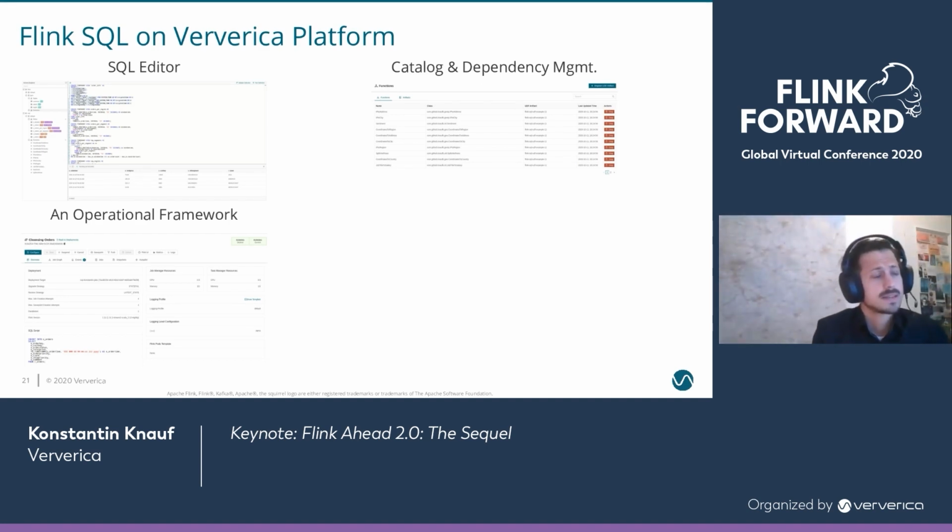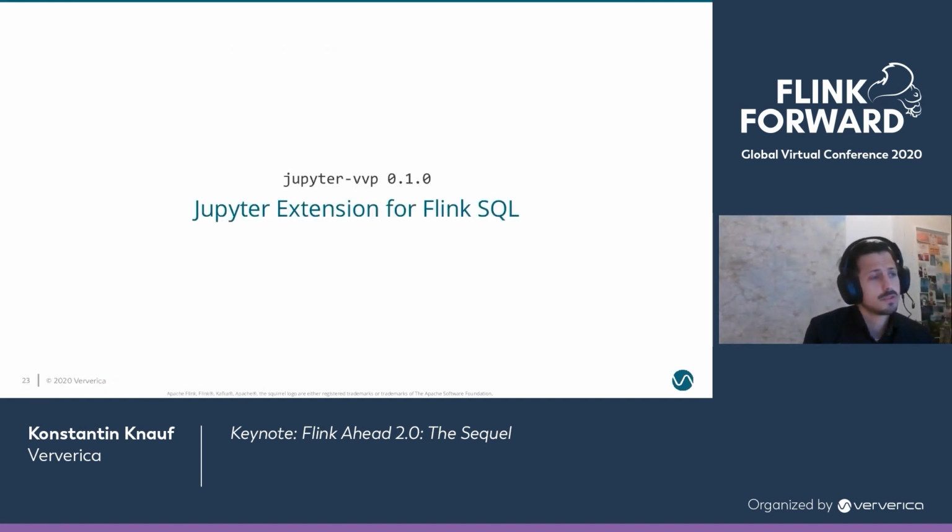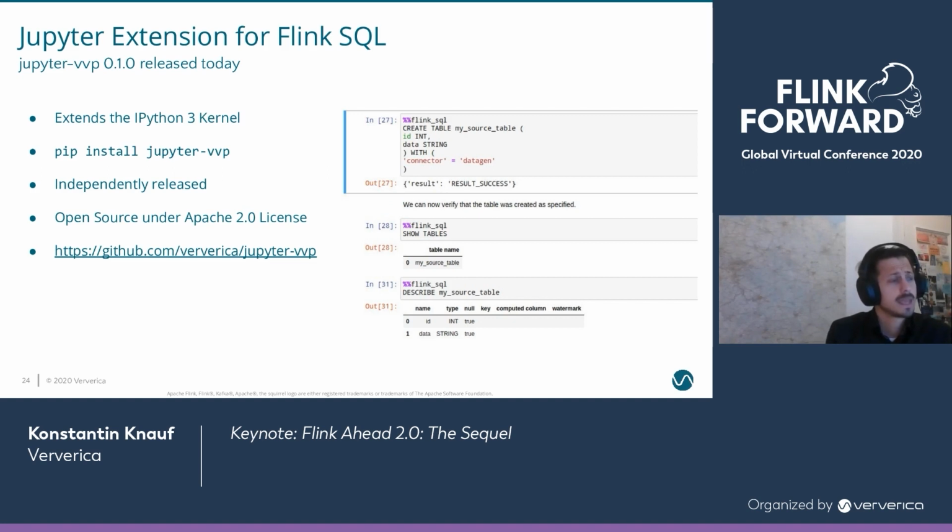And then there's one more thing that I actually didn't show, and that is notebook support. Today we've also released Jupyter VVP 0.1, which is a Jupyter extension for Flink SQL based on Ververica platform. It's an extension to the IPython 3 kernel.